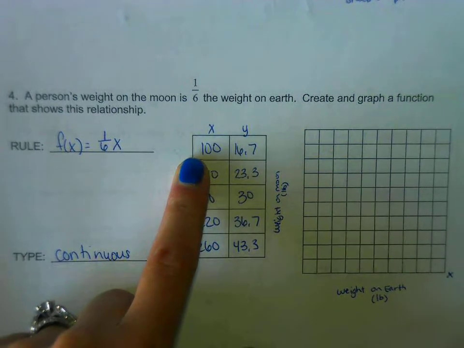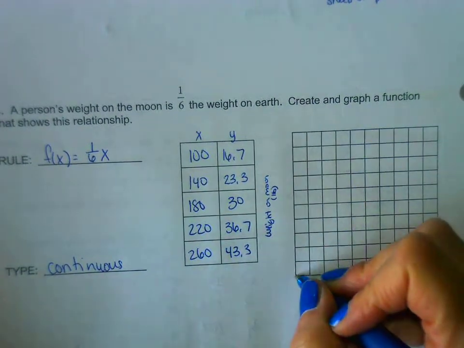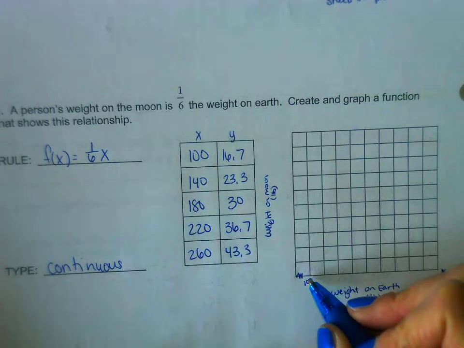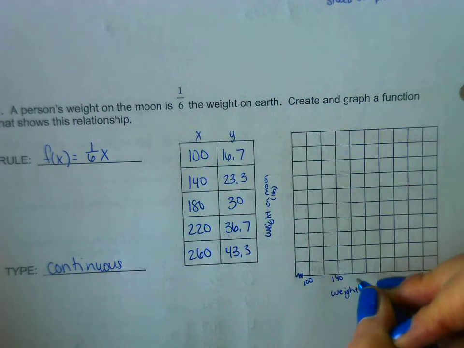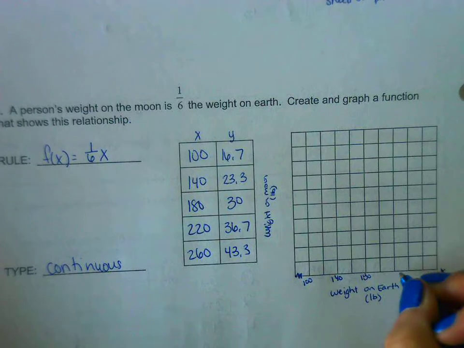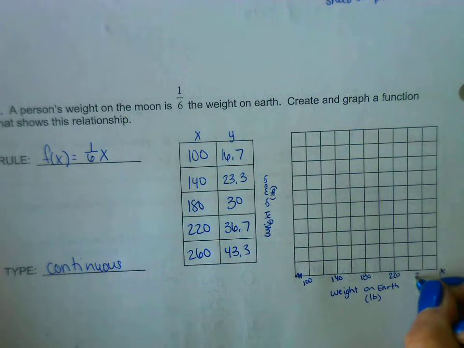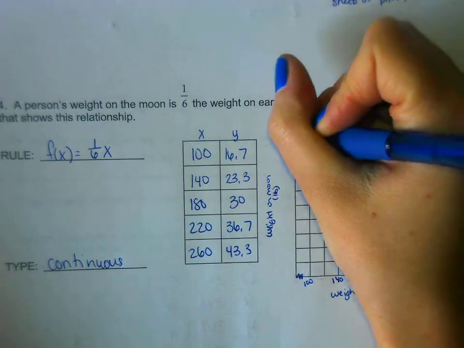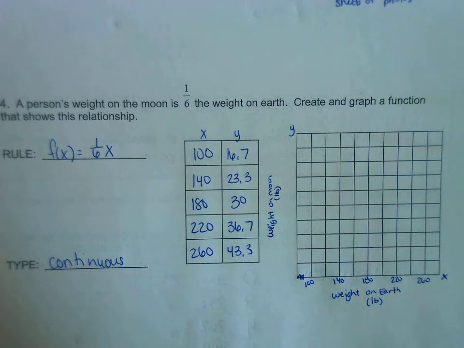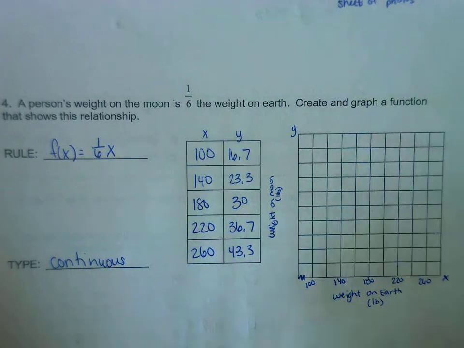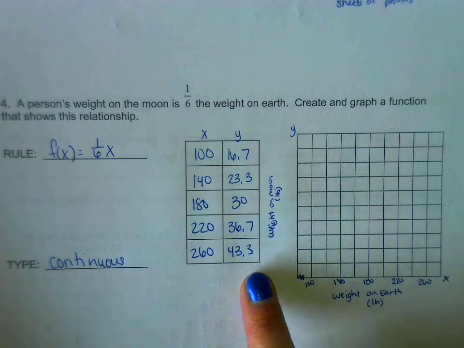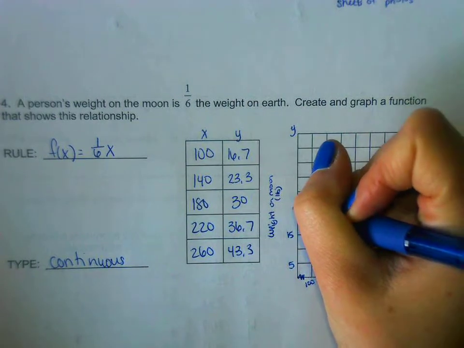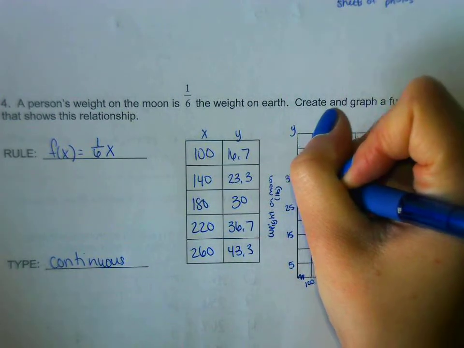So I'm going to do another page break and say that this is 100, and then I'm going to go up by 20s: 100, 120, 140, 160, 180, 200, 220, 240, 260, 280. Then for my dependent, my Y's, my lowest one I have is 16.7. I'm going up to 43.3. So I'm just going to go up by 5s: 5, 10, 15, 20, 25, 30, 35, 40, 45, 50.